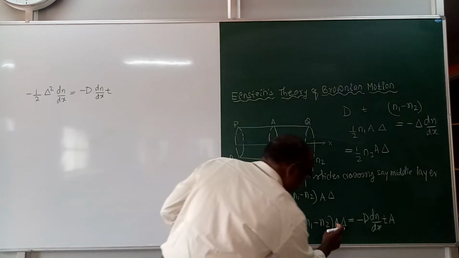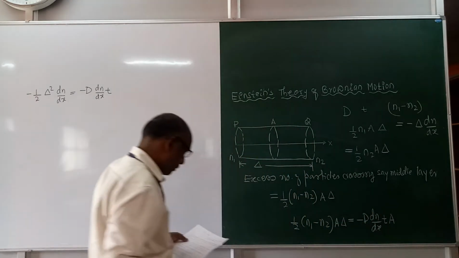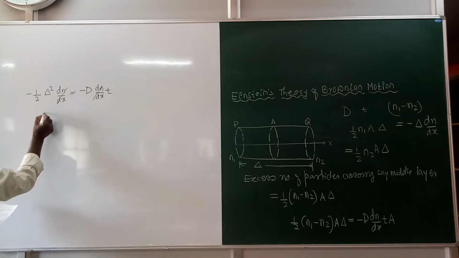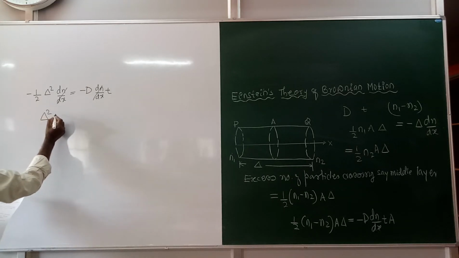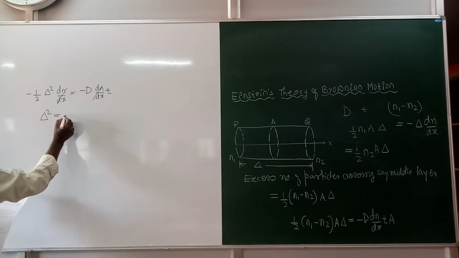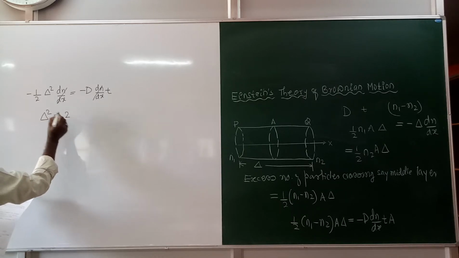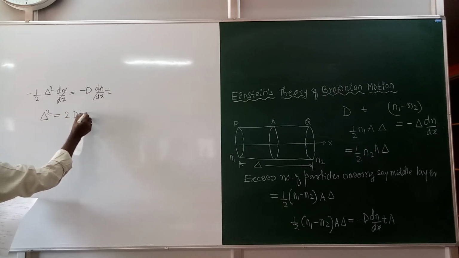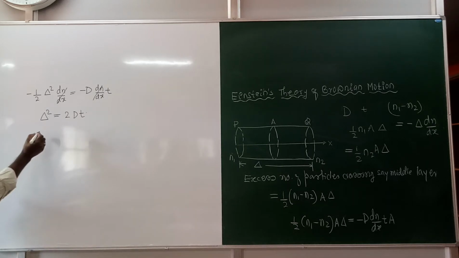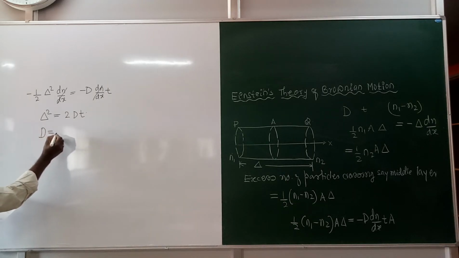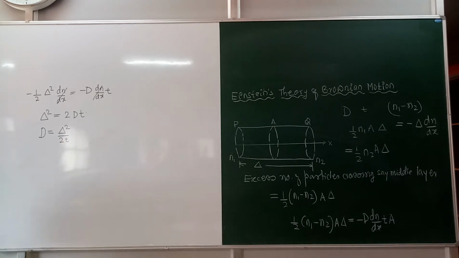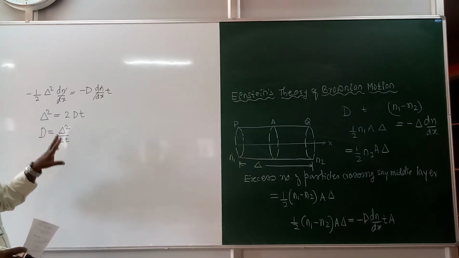A gets cancelled, because it is the same on both sides, so we can eliminate it. So delta square, I am writing, is equal to 2 D T, or D, the coefficient of diffusion, is equal to delta square upon 2 T. T is the time interval, and delta is the length.